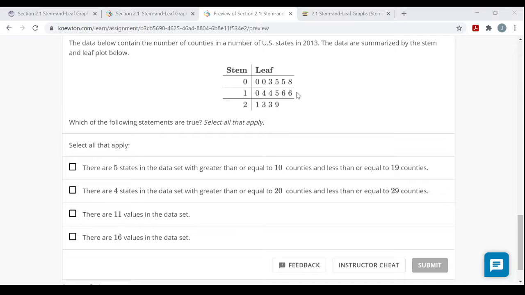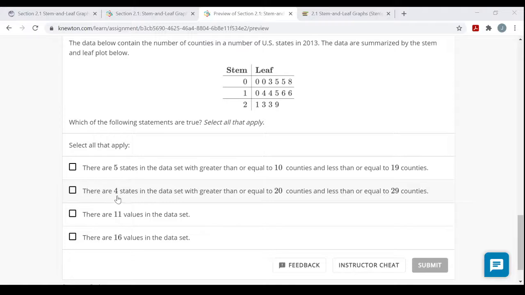That's this row here. When I wrote out the data set it was 10, 14, 14, 15, 16, 16. You just count the leaves. There were six states with greater than or equal to 10 and less than or equal to 19. So that's false. It says there are 5 states, but we see 6.